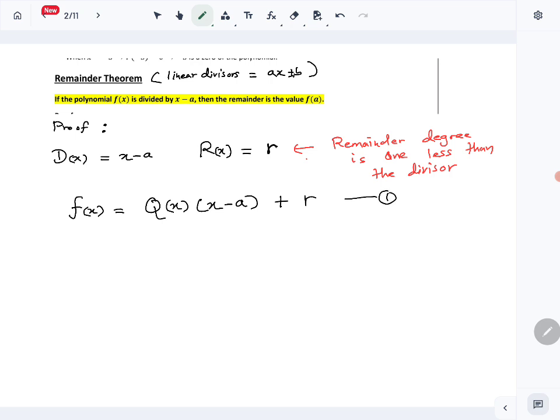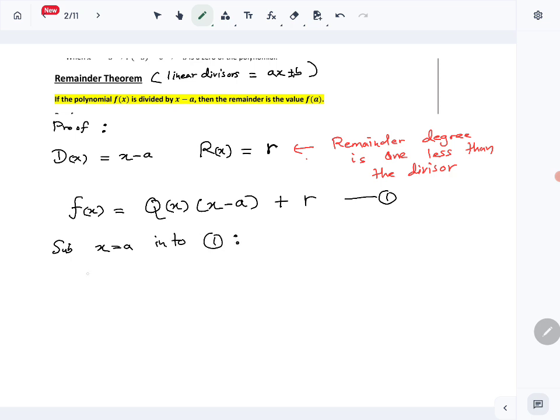Now we want to find the r value, no? So I have to get rid of this first term. How can I get rid of it? I can just substitute x equals a. Then what happens? This whole thing becomes 0, no? So let's sub x equals a into 1.